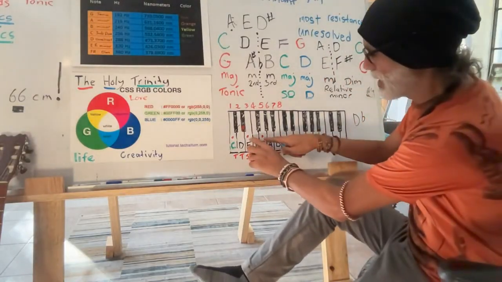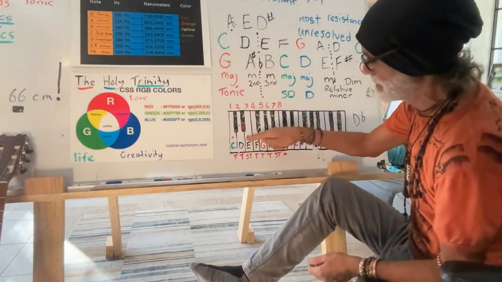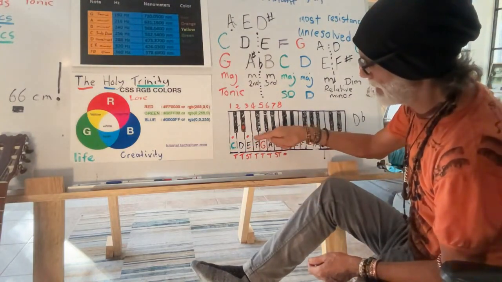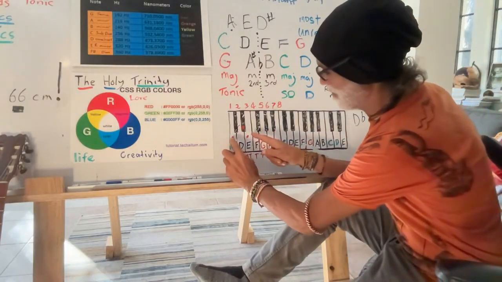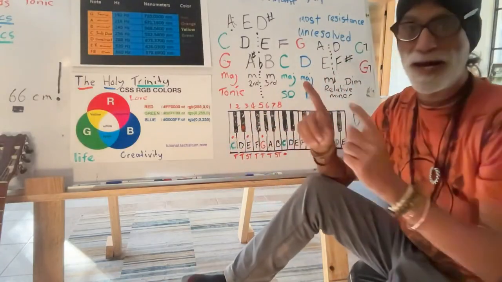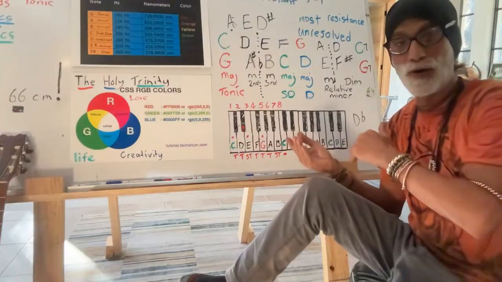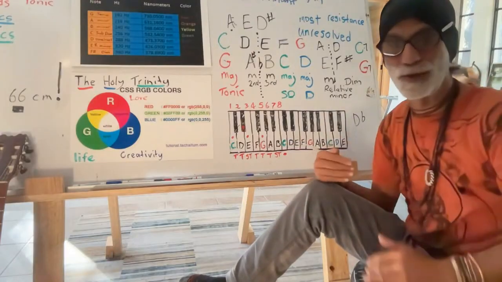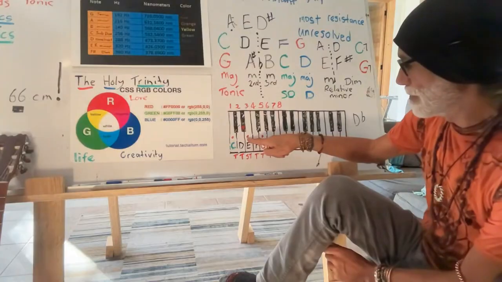Here is a minor triad. From there to there is a minor triad. There's one tone and a semitone. The first part of a major chord must have a major triad in it. That's the difference between a minor chord and a major chord. The difference is that note there.